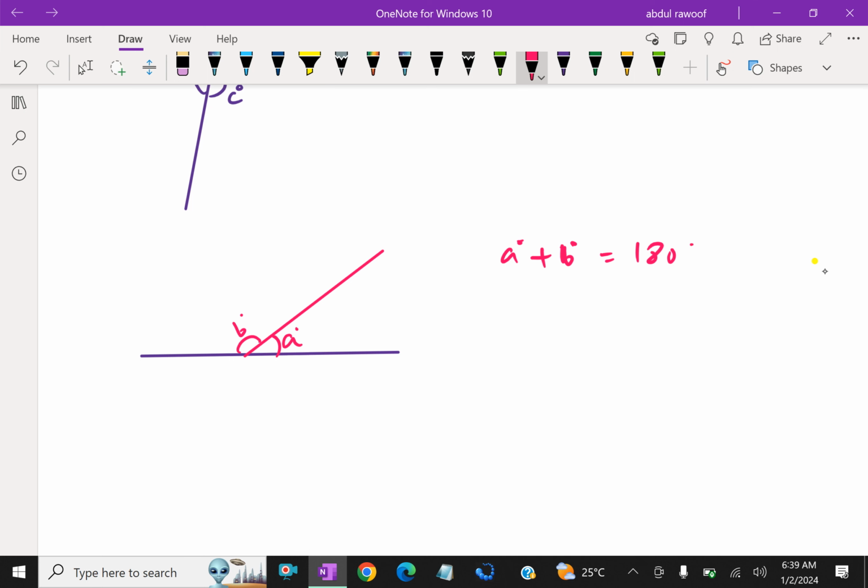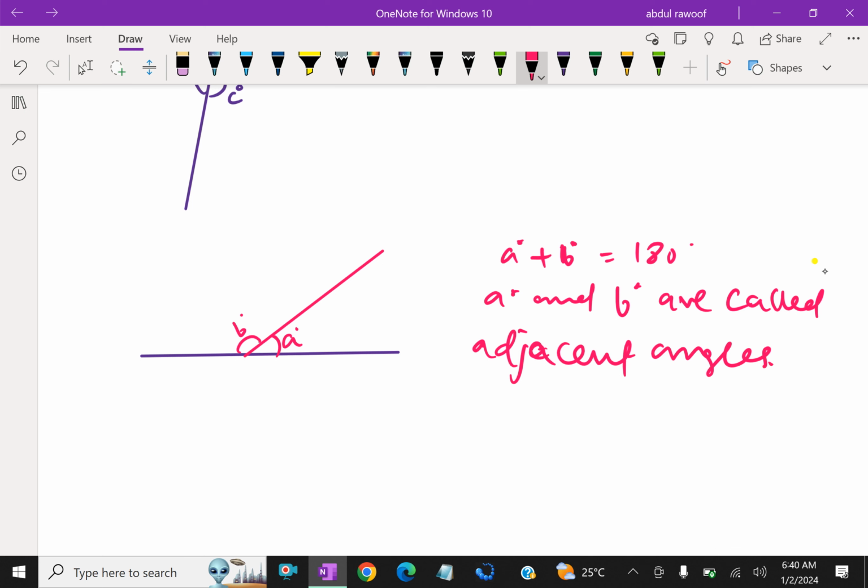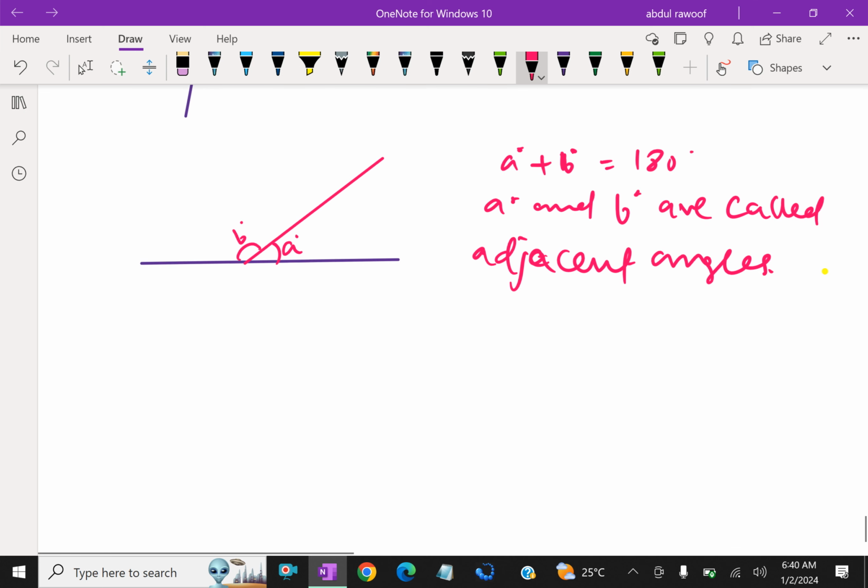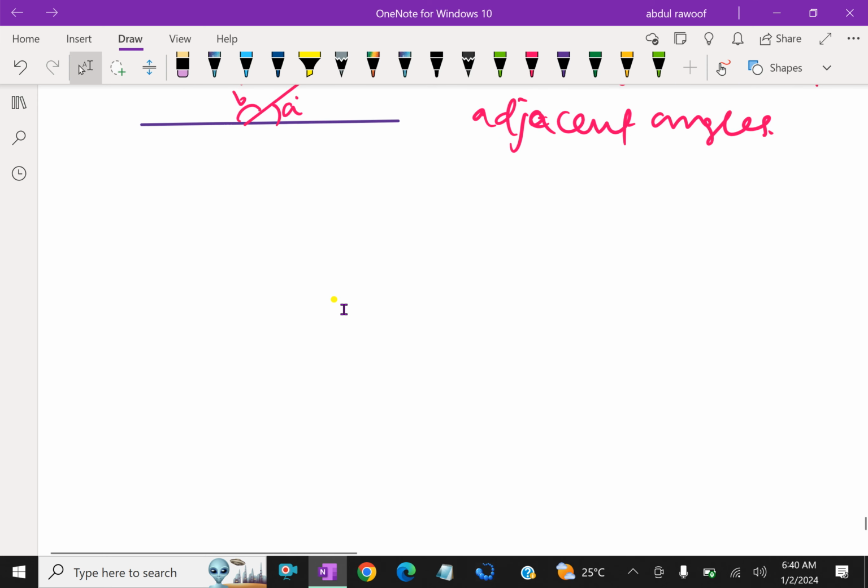Then angles A and B are called adjacent angles. Here, angles A and B are adjacent angles if their sum is 180 degrees. Next one.